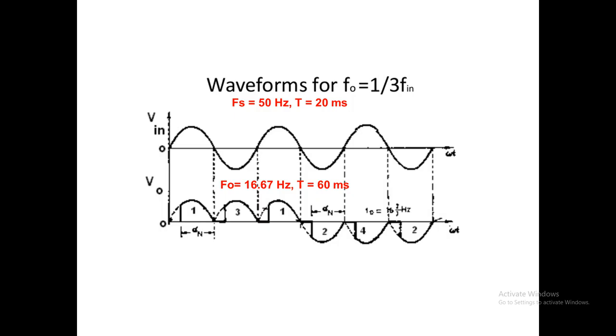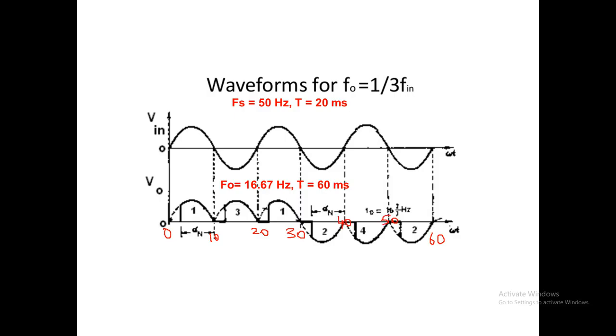Then 0 to 10, 10 to 20, 20 to 30, 30 to 40, 40 to 50, and 50 to 60. So here the conducting SCRs are P1, P2, P1, and again N2, N1, N2. So this will be the positive half cycle and this will be your negative half cycle.